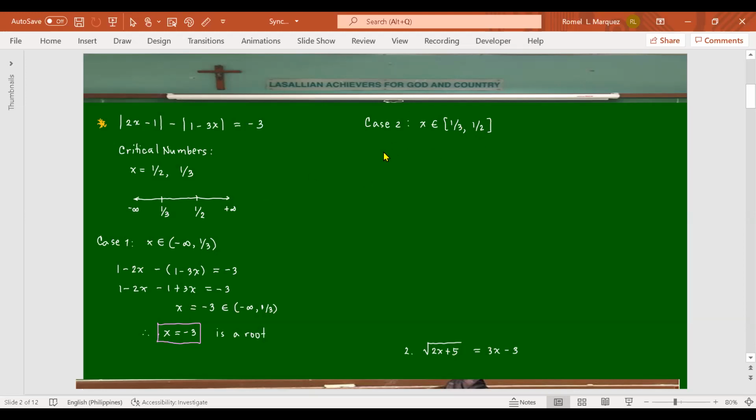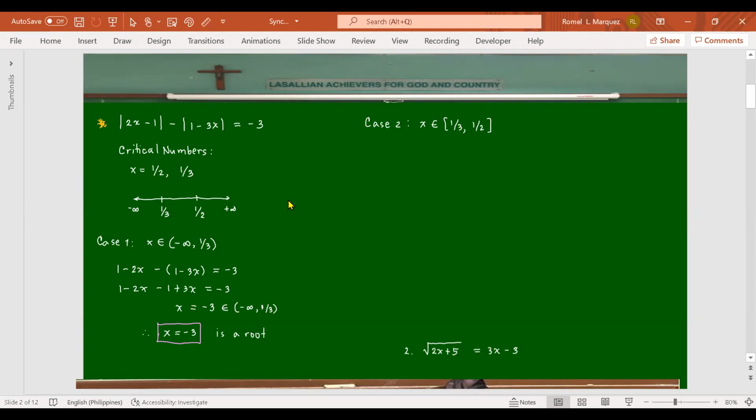Give me one, guys. 0.4. Is 0.4 in between, guys? Yes po. As long as it is in between, don't take the endpoints, because at the endpoints it is possible to be 0. So let's take the number in between, let's say 0.4.